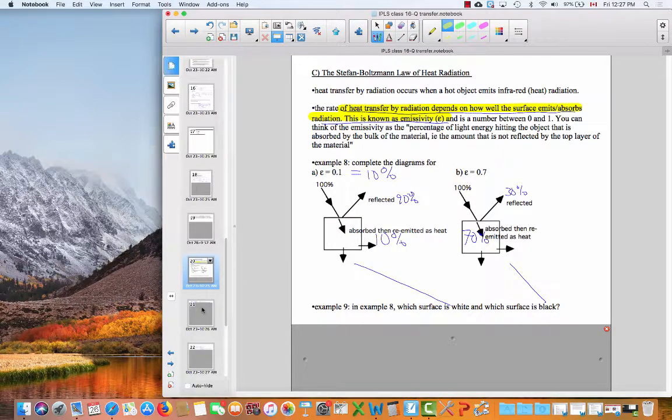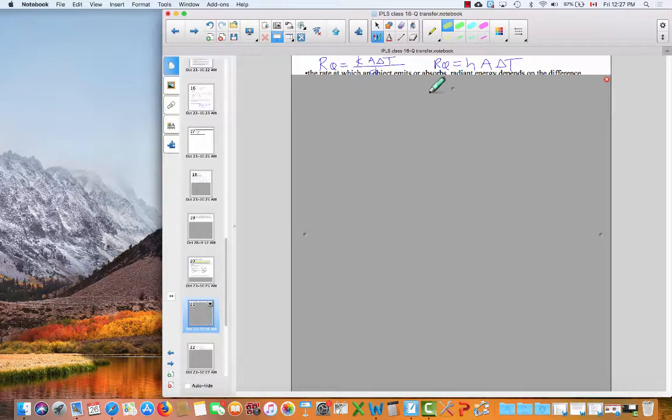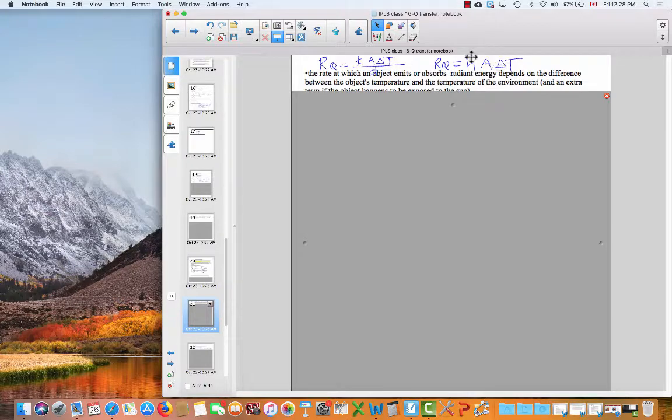Now, we've seen already two means of transferring thermal energy, conduction and convection. In both cases, the rate of energy transfer depended on the surface area and the temperature difference. Now, there was also a constant involved. This is the surface transfer coefficient for convection, and the conduction rate depended on the thermal conductivity and the thickness.